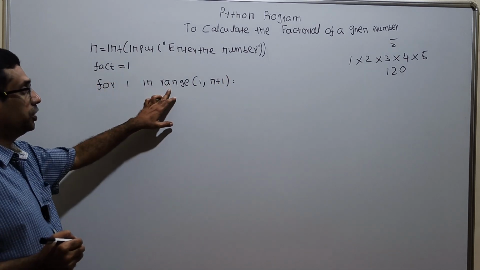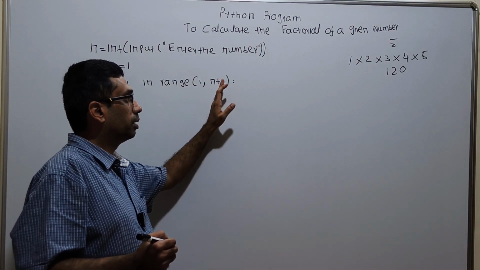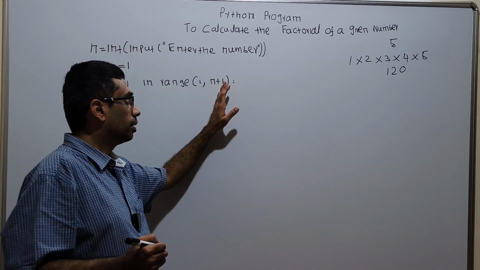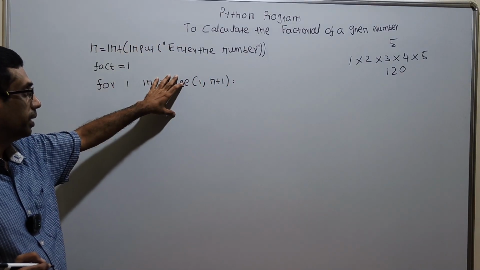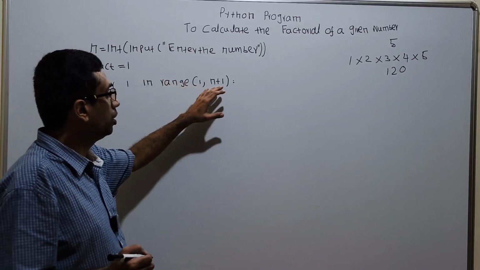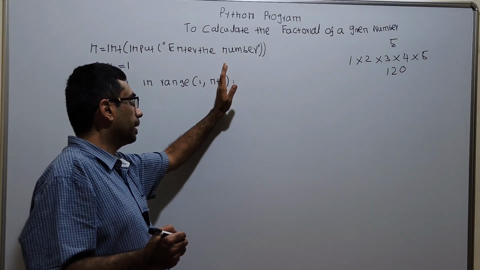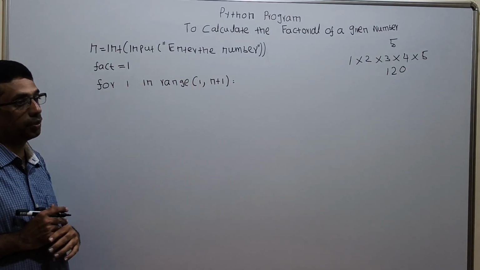Here the range function will generate a list. If you want range to generate a list from 1 to n, I have to give 1 to n plus 1. If you give n here, it will generate a list only up to n minus 1. Based on this sequence, the for loop will get executed that many times.